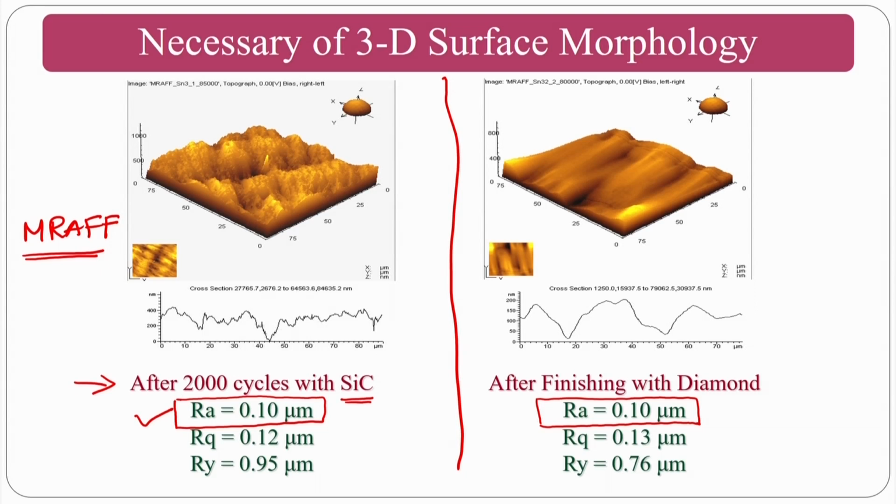Okay. You do not bother about the process and whether diamond or silicon carbide. What you have to bother about is you can see the same value of surface roughness, but two surface morphologies or two surface profiles or two surface topographies. This topography is a slightly rough surface compared to this one, but the value of both the surfaces is the same.